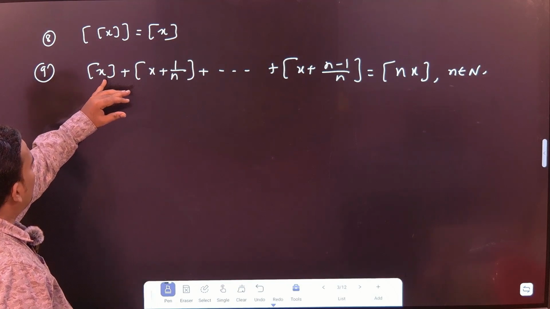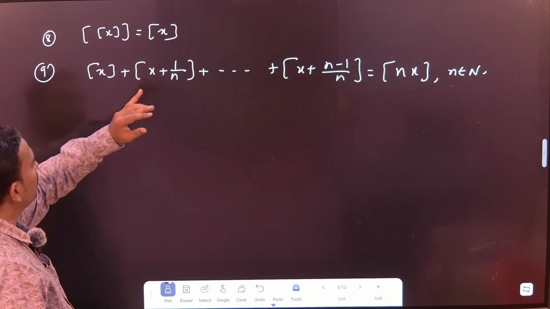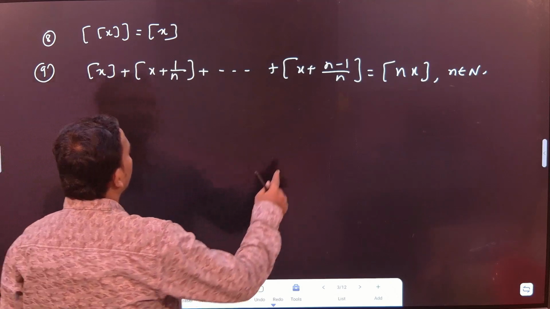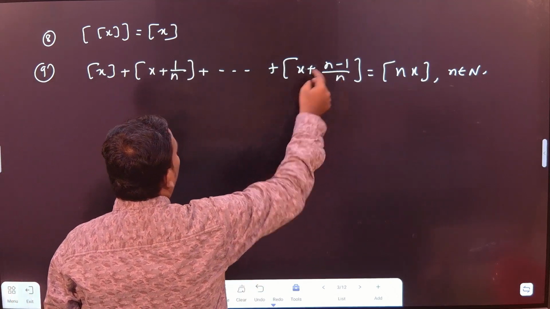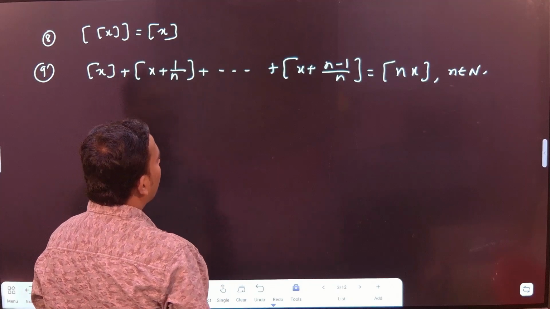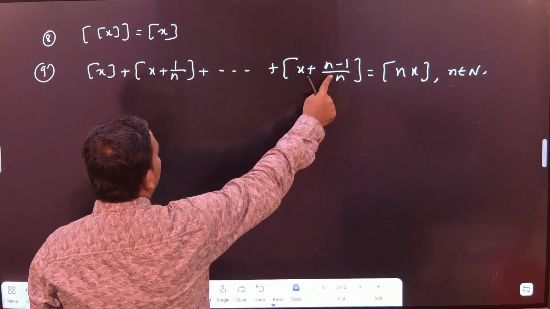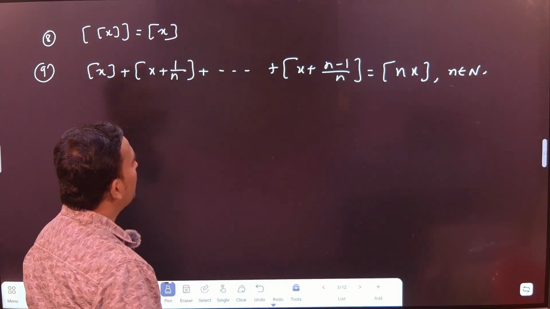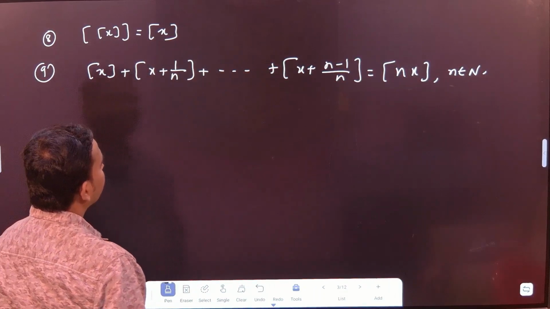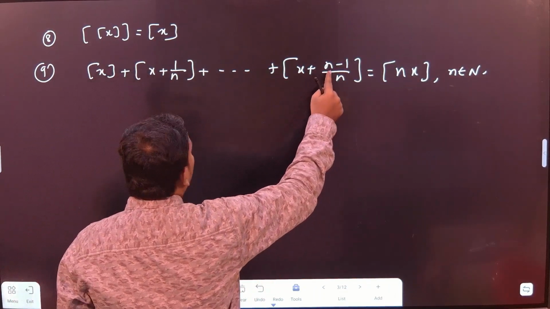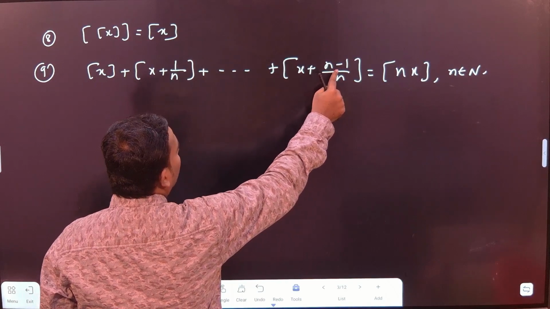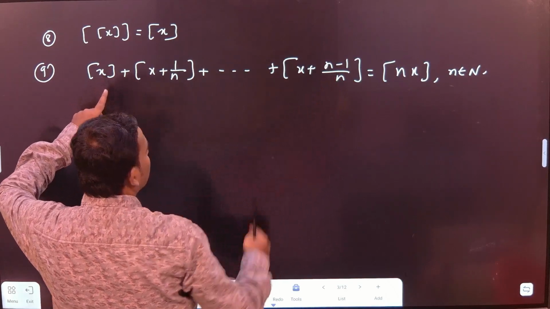You can see x plus 1 by n. For example, if you take the first term, if you put n equal to 1, you will get the greatest integer function of x.